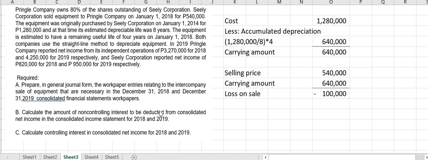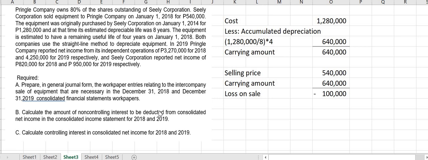Okay, so the requirements are, of course, to give the working paper eliminating entries to eliminate this intercompany sale transaction for 2018 and 2019, and also to calculate the amount of non-controlling interest to be deducted from consolidated net income for 2018 and 2019, and also to calculate the controlling interest in consolidated net income or the net income attributable to parent for 2018 and 2019.